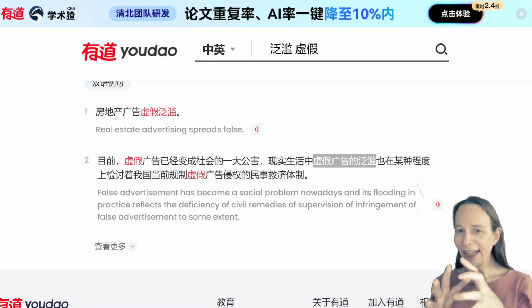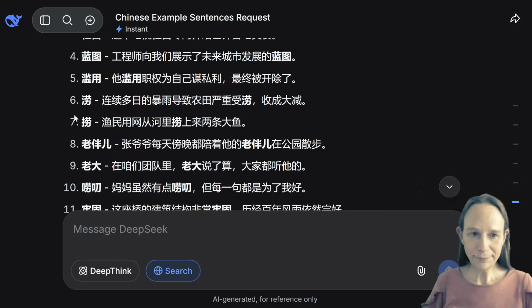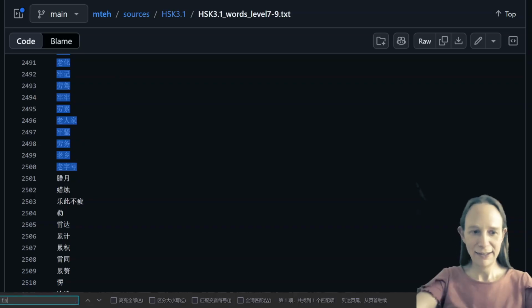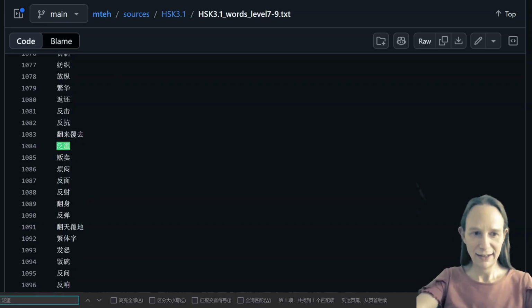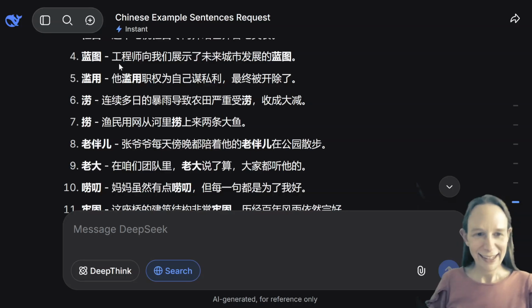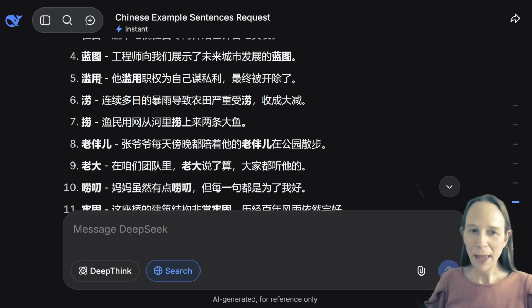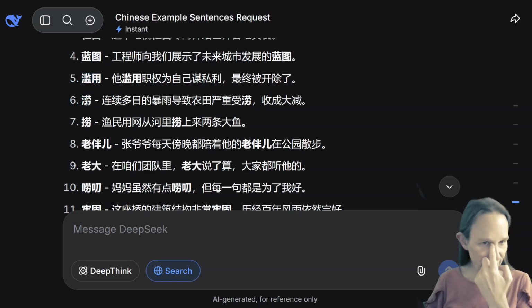So inundated with fake adverts. Actually, we'll probably get to that. I'm putting the cart before the horse. Anyway, 滥用. The misuse of something. It's being used inappropriately. And this is quite a negative word.